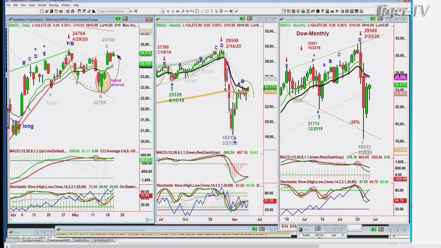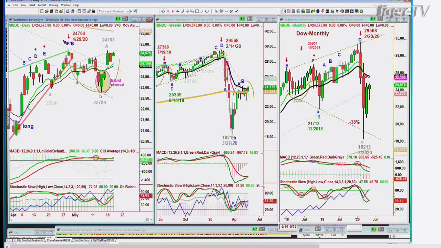But meantime, this is good. For 2 sessions, you're above that. All we need to see in my work is a push in the next 2-3 days above 24,000, not 708, not 24,764. I want to see the 24,800s hit, and then we're looking at something very different.